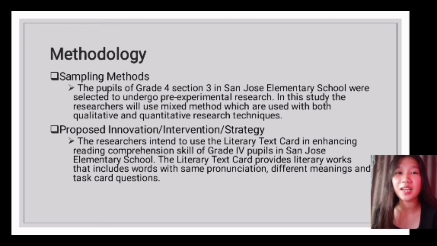The literary text card will be conducted within 5 weeks to the experimental group who have difficulty in reading comprehension. Literary text card is a card which consists of literary works that include words with the same pronunciation, different meanings, and task card question activity that will help pupils to improve their reading comprehension skills and vocabulary development.